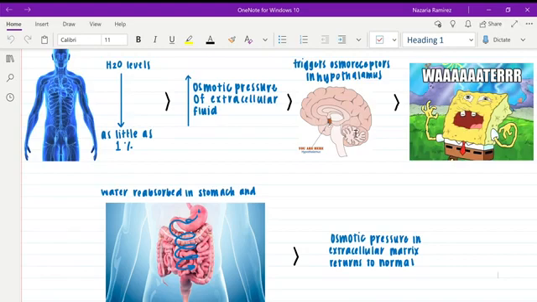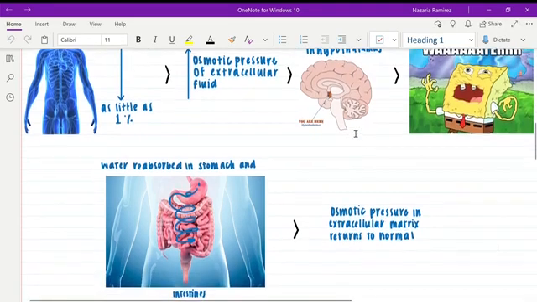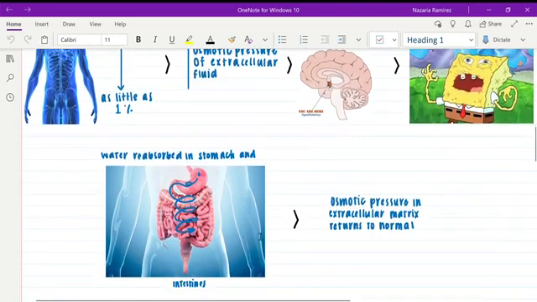Once you drink water, that results in the distension of the stomach, and your water is absorbed through your stomach and your intestines. As a result, the osmotic pressure in the extracellular fluid returns back to normal. So from here we can conclude that the primary regulator of water intake is thirst.